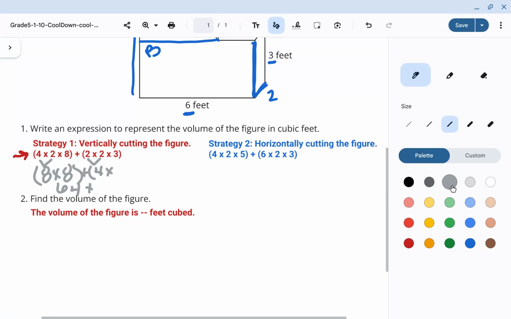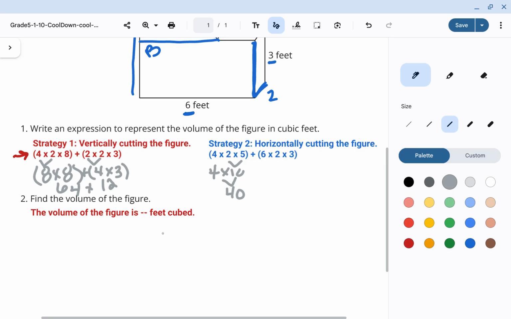And I'm going to multiply that by 3. So now I know that that is 64 plus 12. Now 64 plus 12 is going to be 76. So I now have the answer. It is 76. If I've done my math correctly, when I do the same thing on this side, I should find the exact same answer.